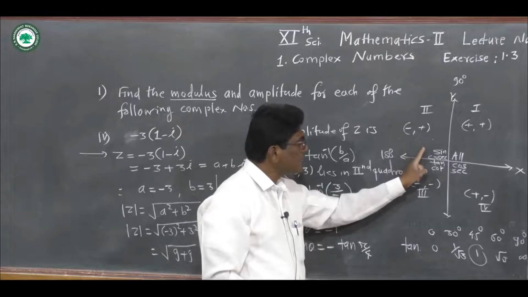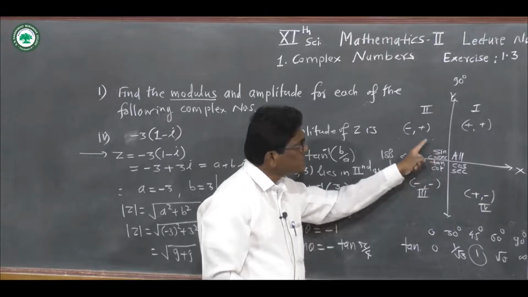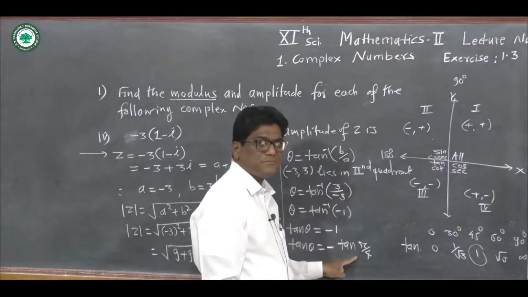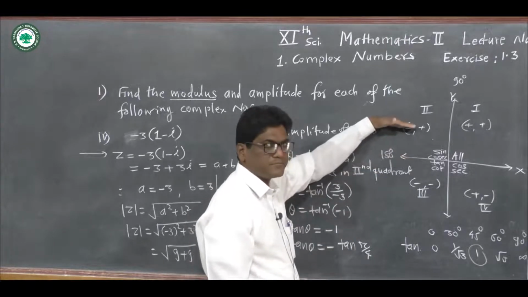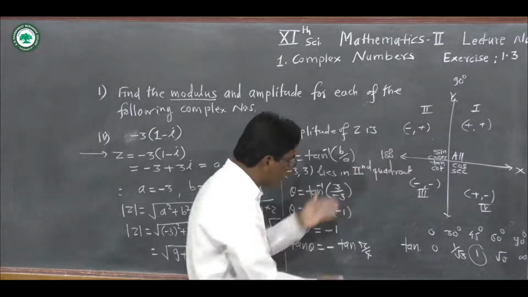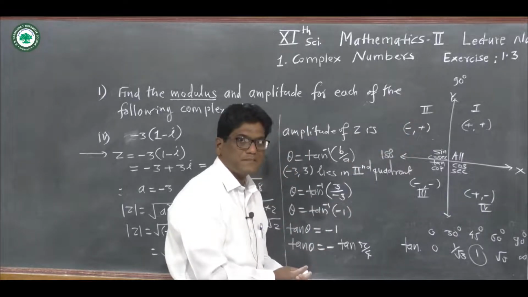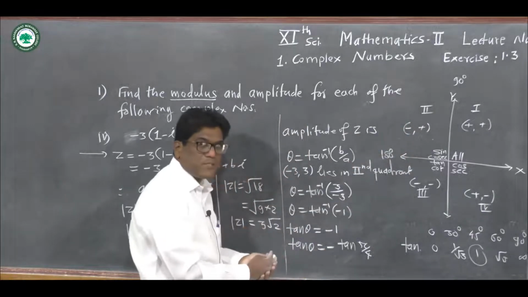In the second quadrant, sine and cosec are positive and tan is negative. But the angle is less than 180 and greater than 90, so how do we remove this minus sign?